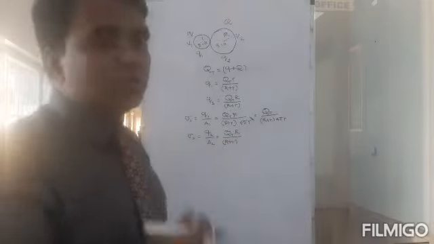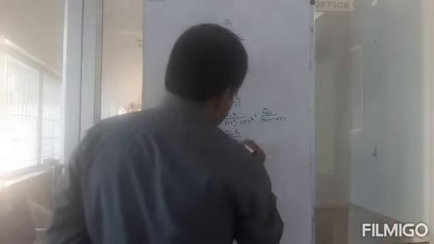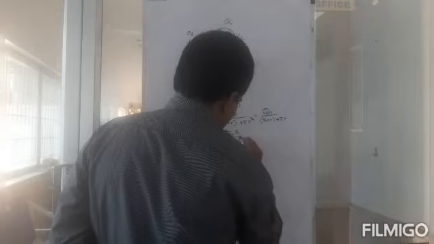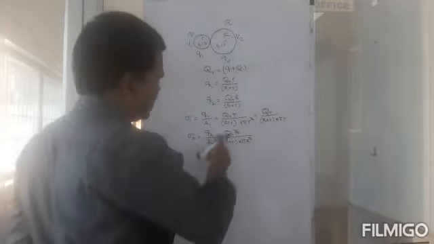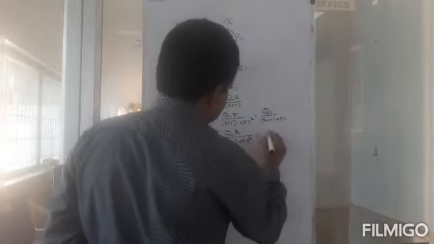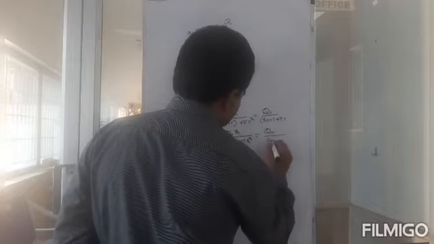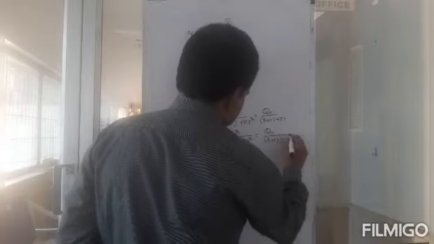That would be 4 pi into capital R squared. So this R and this square will cancel. So this will give me Qt by R plus r into 4 pi capital R.